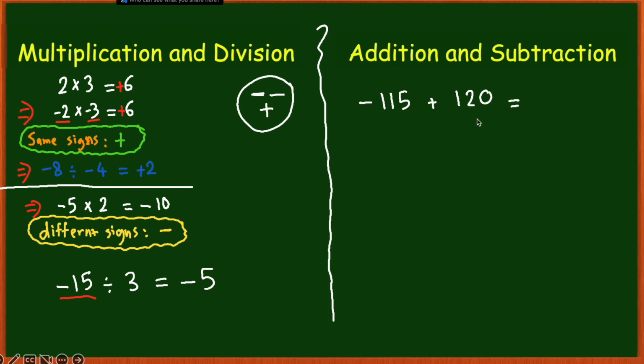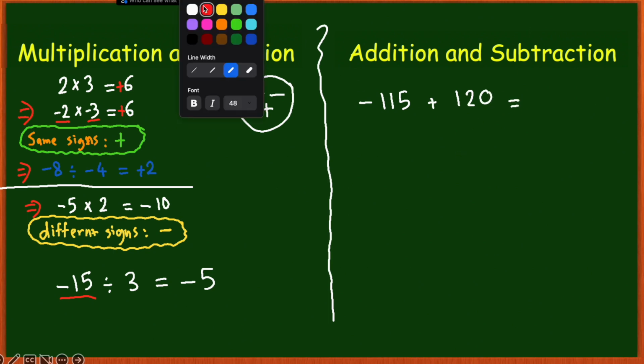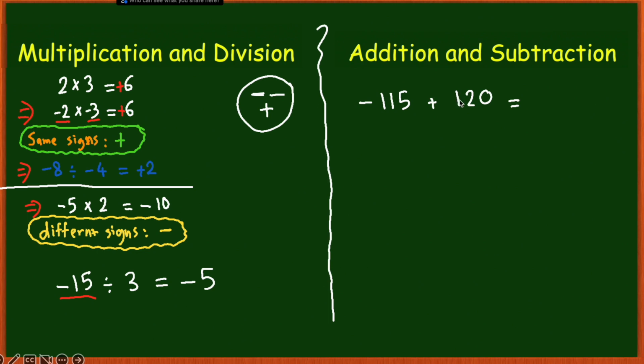Sounds complicated, but we will follow the rule. Which one is greater in value, 120 or 115? It's 120. What's the sign of 120? It's a positive number, right? So the answer must have the same sign, positive.